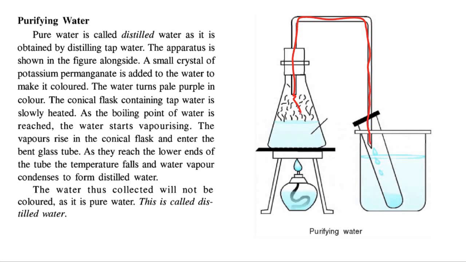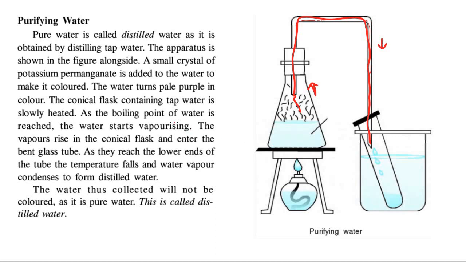Why? The temperature of water is very high, but as it passes through this pipe, the temperature is much lower. Here the temperature is higher, here the temperature is lower. So it undergoes condensation. Water converts to vapor, and here it converts back to water, and the water is collected over here.